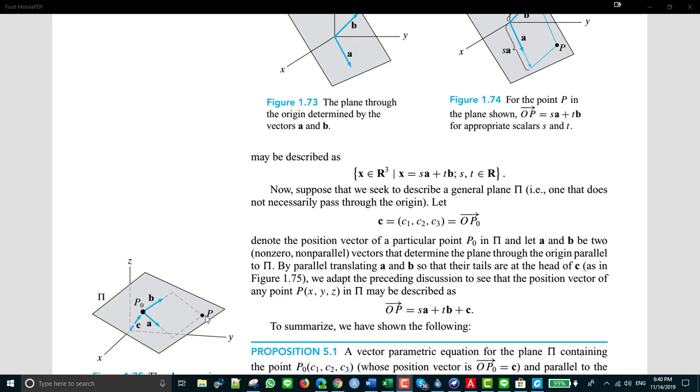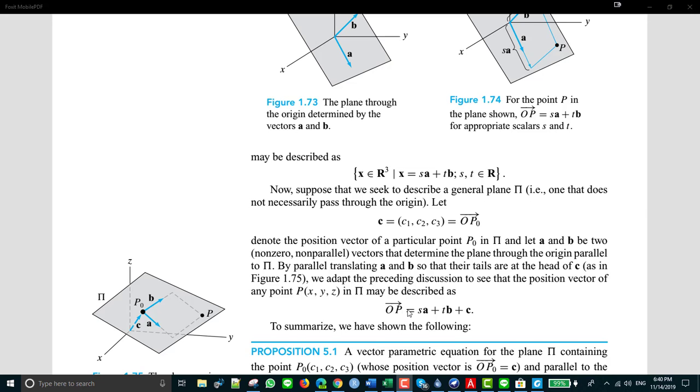So if we take any other point P in the plane, any P like this, we can say that OP from the origin to P here can be obtained by first going in the direction of C, which is going to the point P0, and then going some amount in this direction and some amount in this direction.